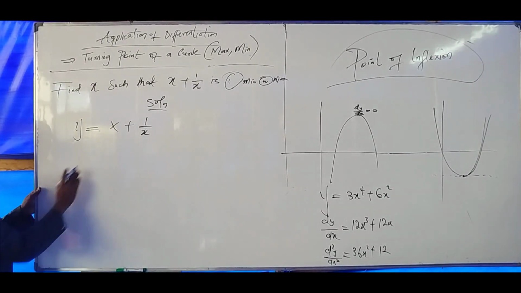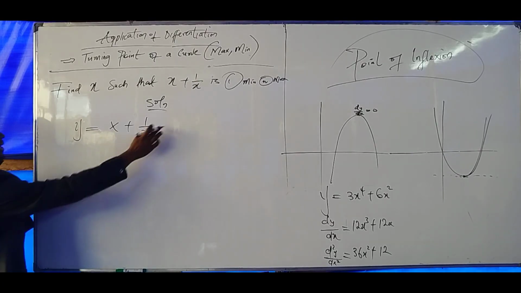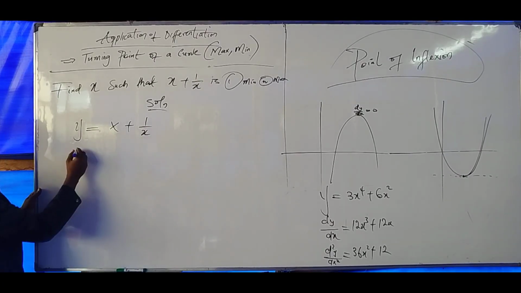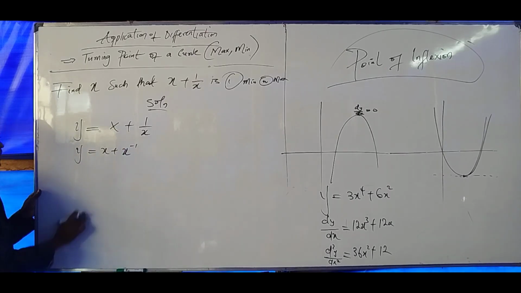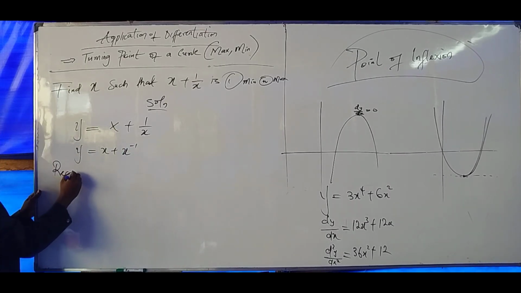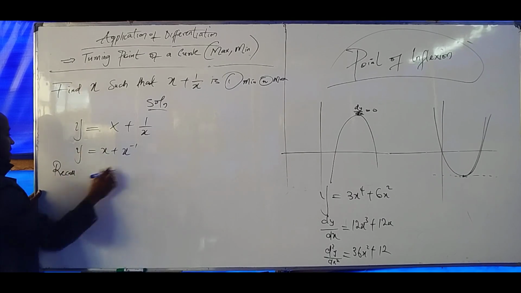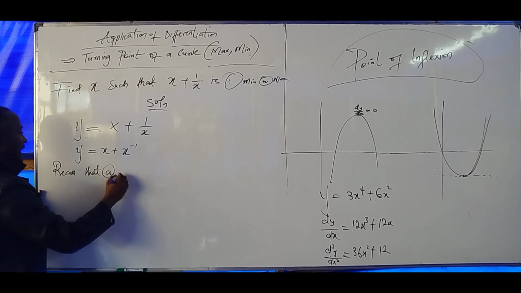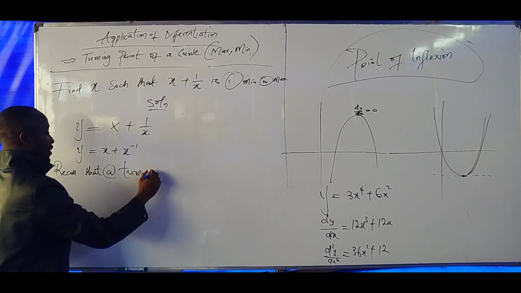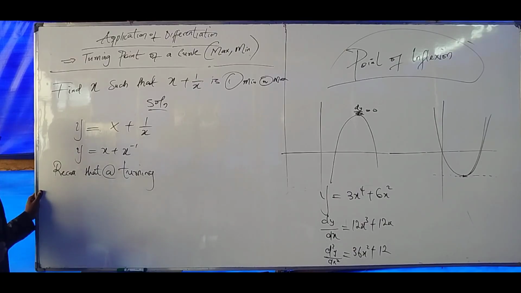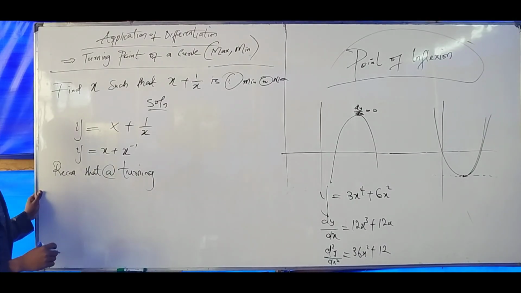Now let's watch. What do we do first? It's to rearrange this, right? To be y equals x plus x to the power minus 1. Then recall that at turning point, I gave us 2 conditions. What is the first condition? Necessary condition. Number 2 is what?